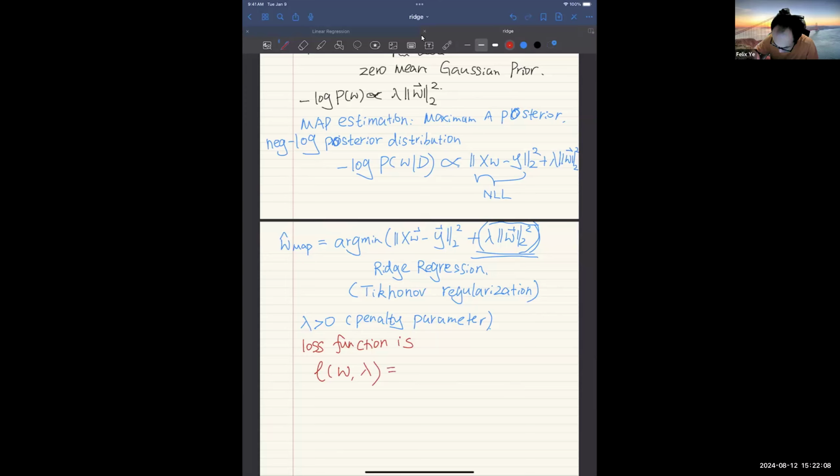So this becomes the norm of XW minus Y, plus lambda times the norm of W, squared.